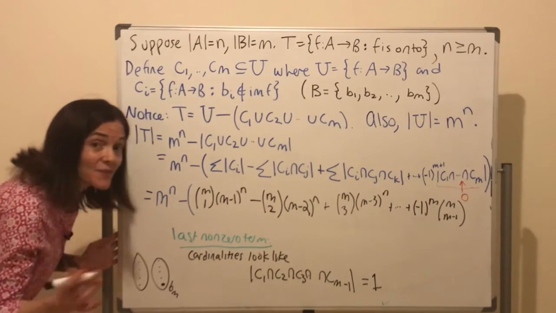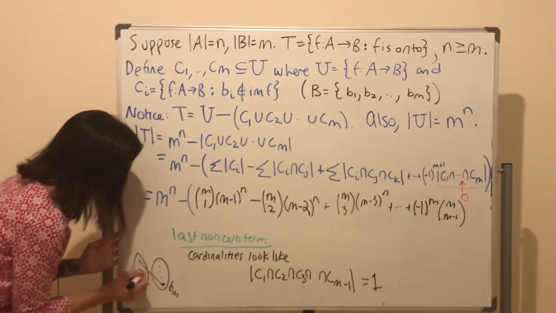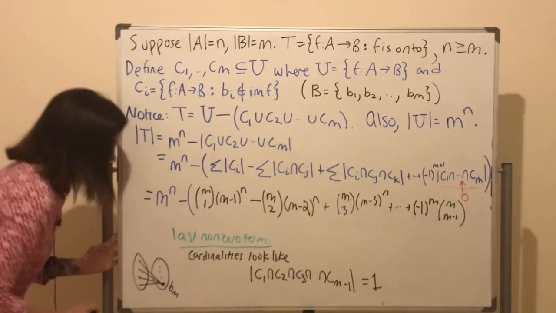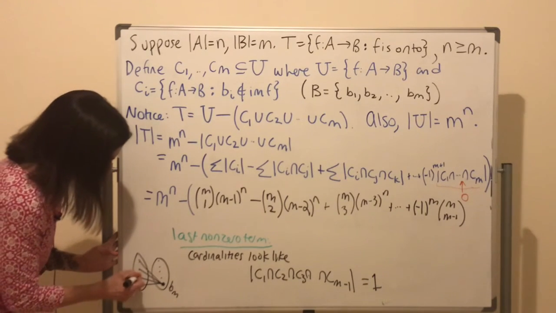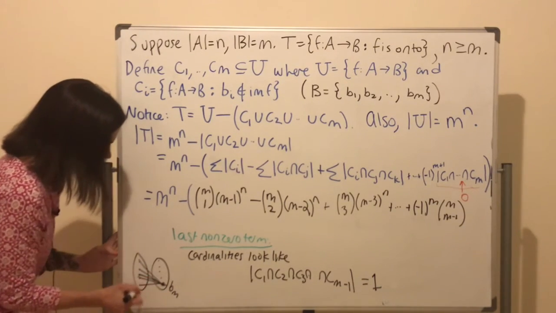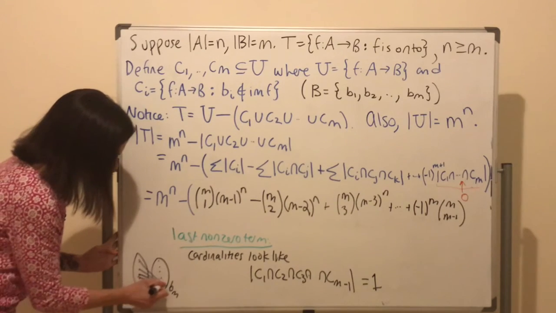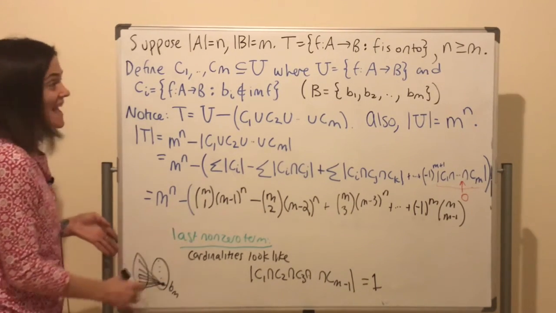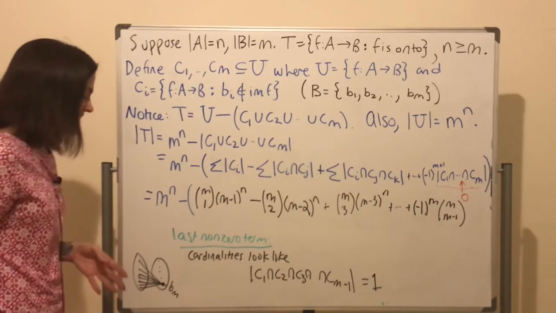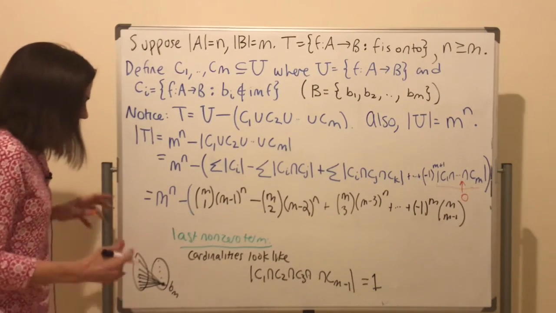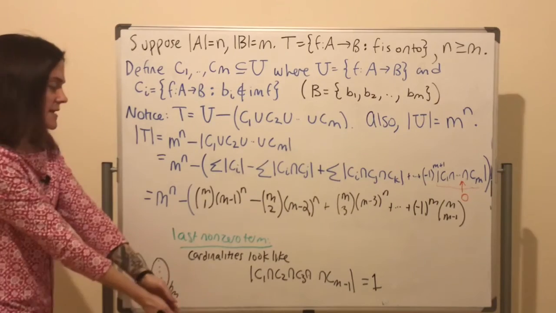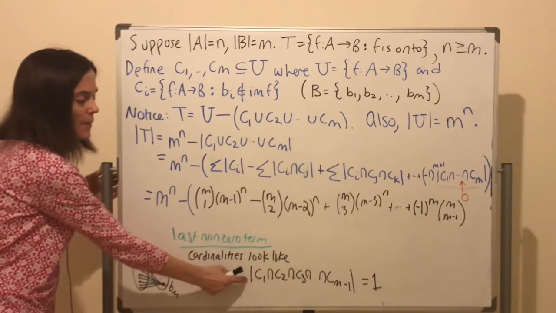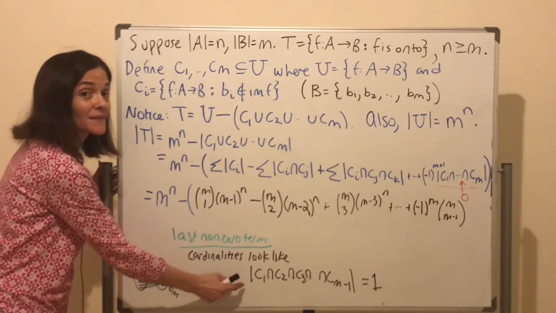It maps every single element of A to this. I got to put one more so that, well, okay, I could keep adding. I just needed to make it to where we have more things in A than we do in B. All right, that's what we're counting here. But you map everything to Bm. That's the only possible function here.